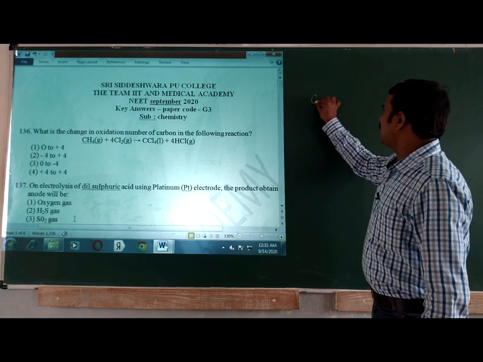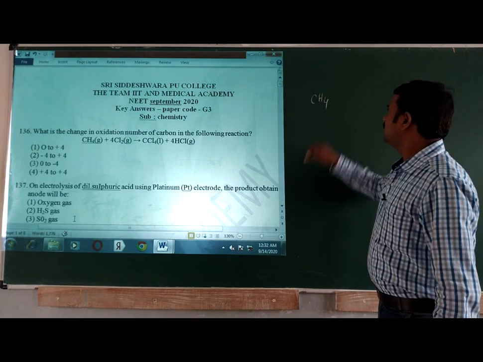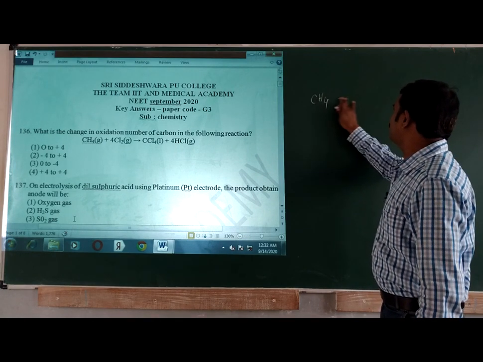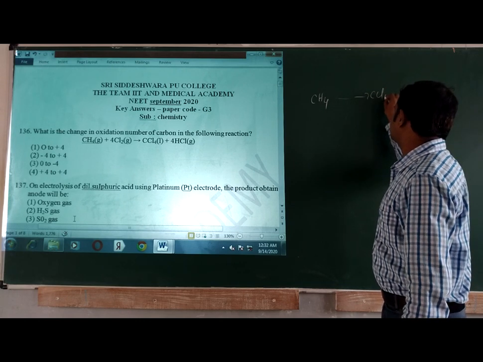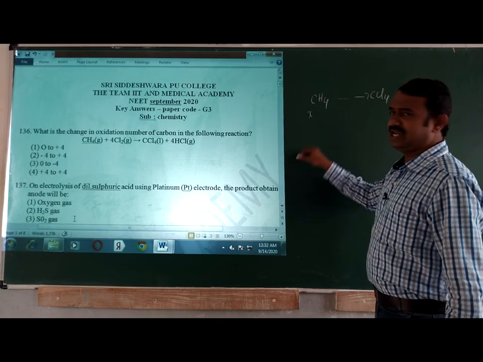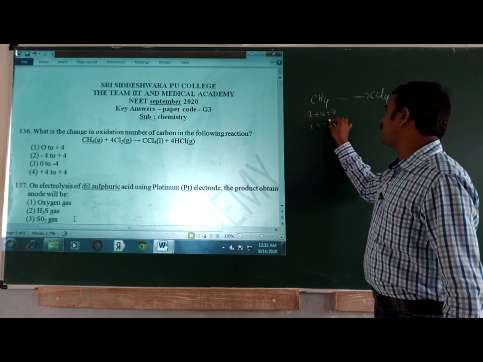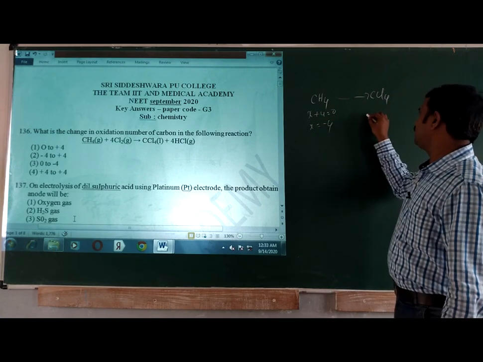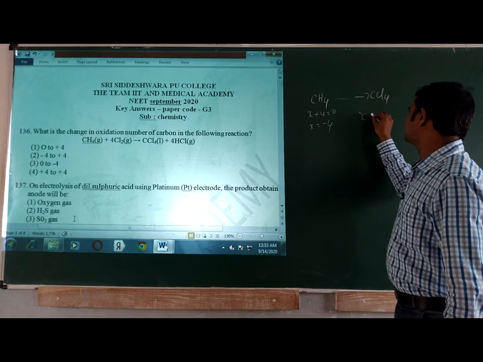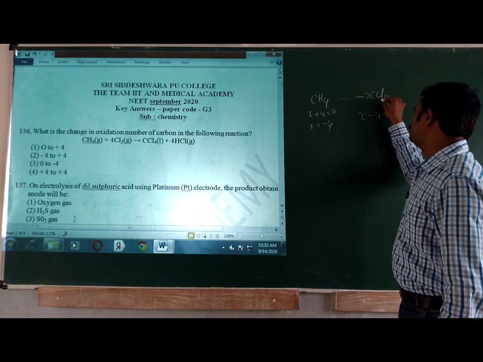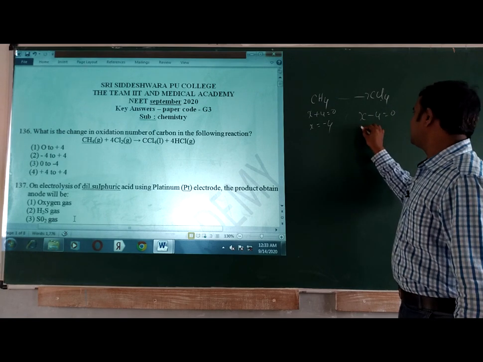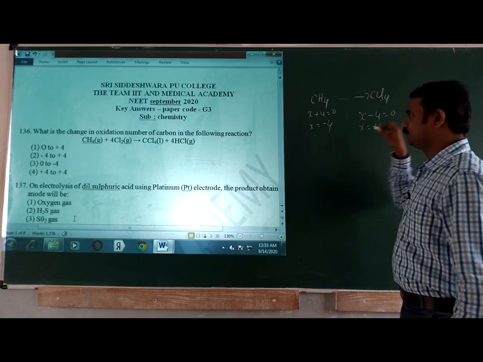The oxidation state of methane: x plus 4 equals 0, x equals minus 4. The product formed is carbon tetrachloride: x minus 4 equals 0, Cl is minus 1 and x equals plus 4.